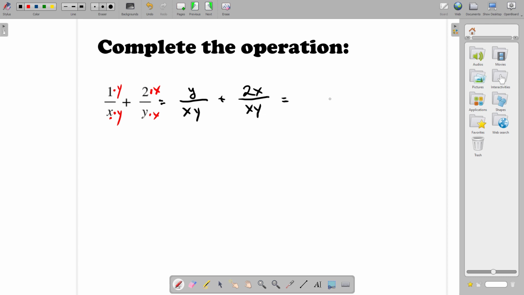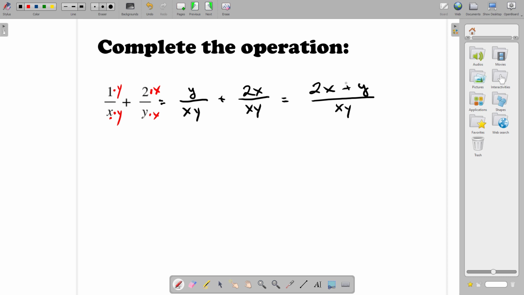Now our denominators are the same. So that becomes the denominator of the answer, and we simply add the stuff on the top. And we typically put our variables in alphabetical order when we write an expression. So I'm going to write this as 2x plus y.